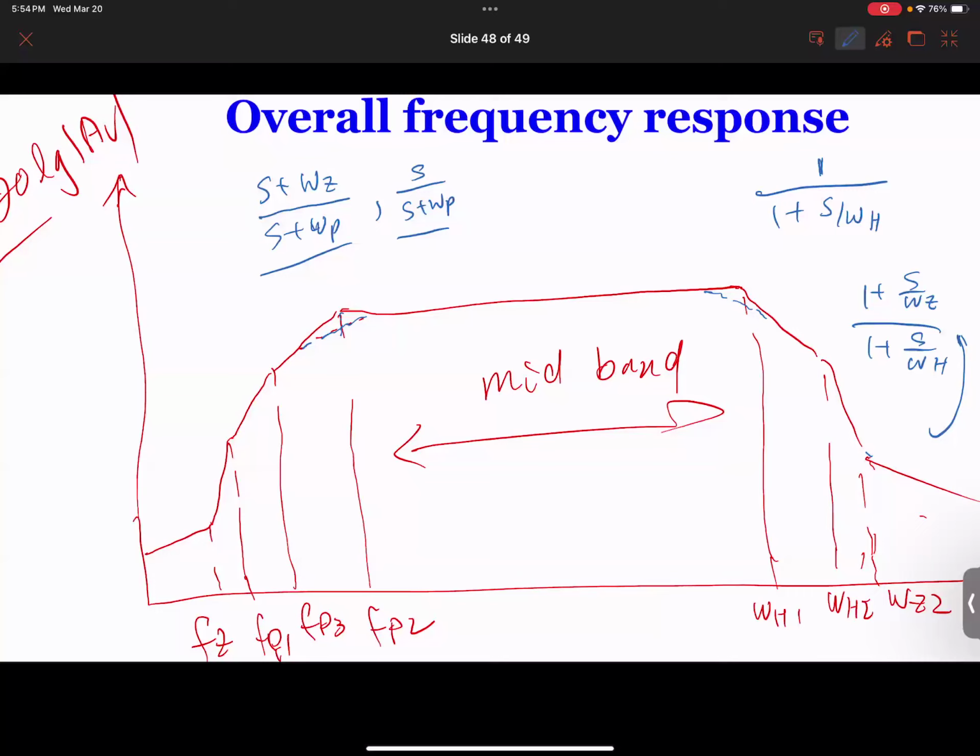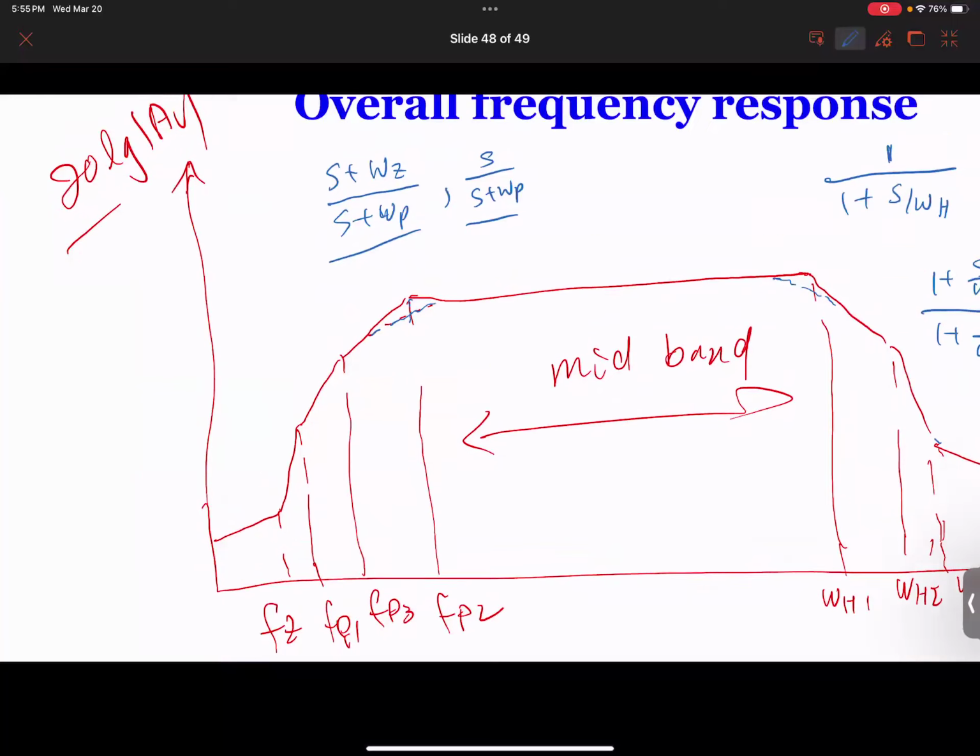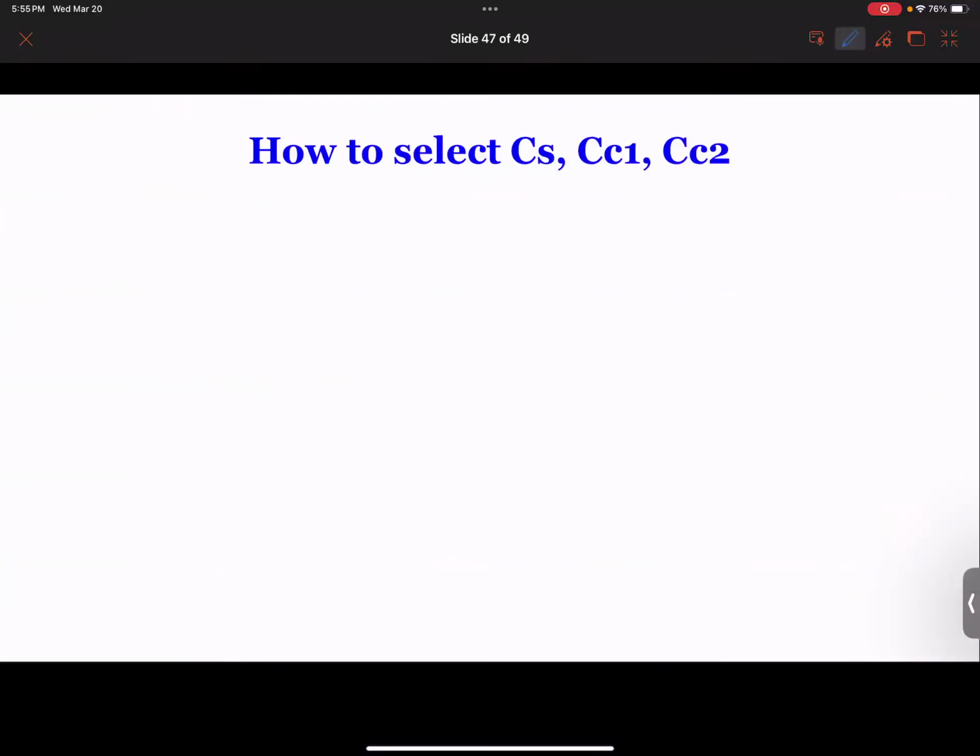If your application frequency is not that low, forget about large capacitance. I can choose a small capacitance and I still get what I want. But if your frequency goes down to hertz or sub-hertz, you might have to design these capacitors as huge devices. So that's the kind of thing you need to do, and this already covered how you select CS, CC1 and CC2. These are very important to your design.